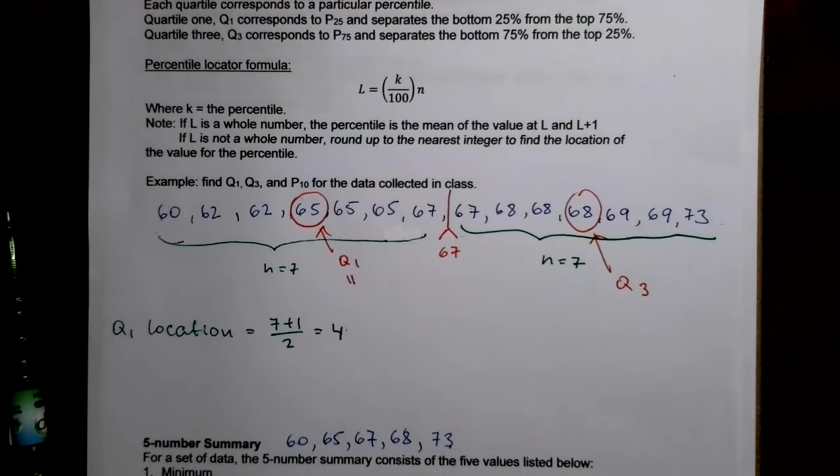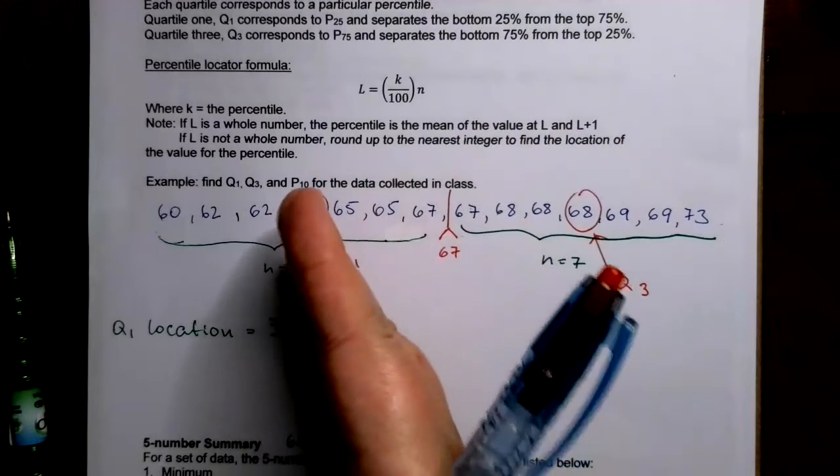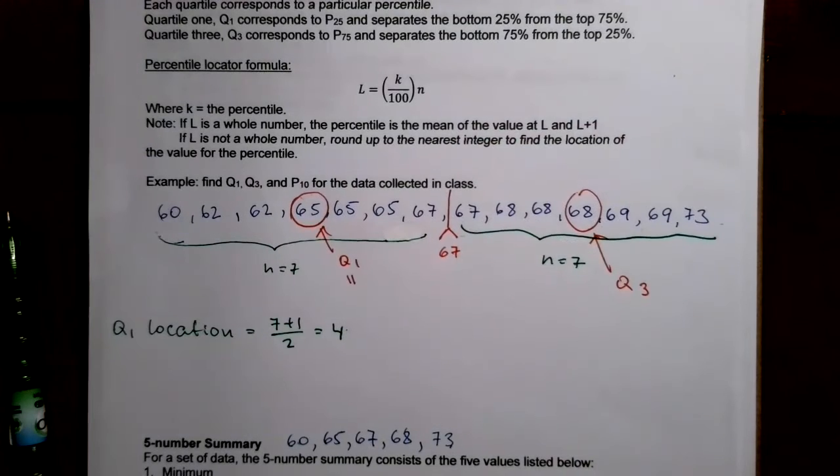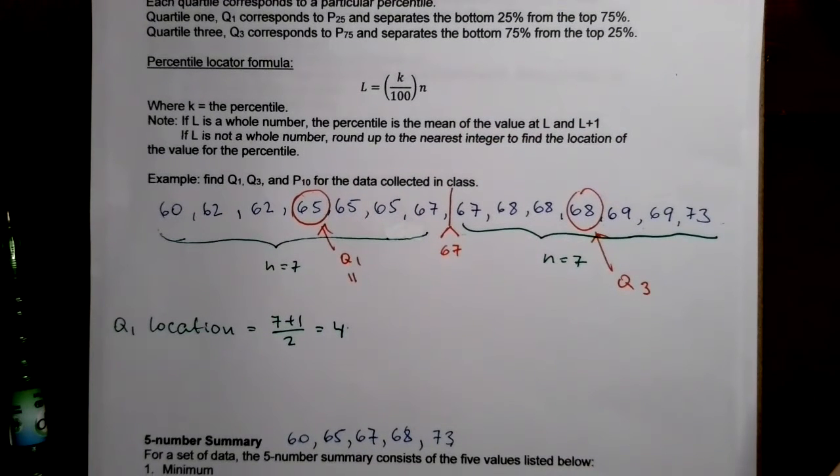We will be able to find the value that separates, for example, 10% or 30% or 45%. So it doesn't have to be like 25, 50, and 75. These are probably the most important ones, but we will be able to find other percentiles in the future.